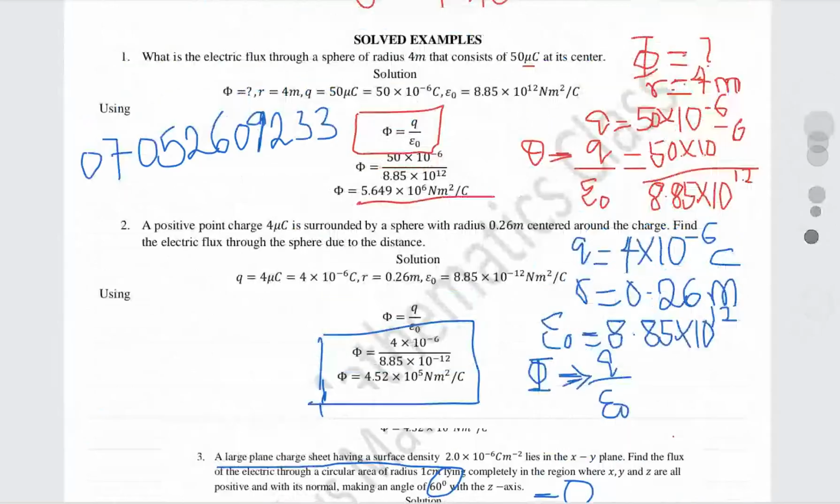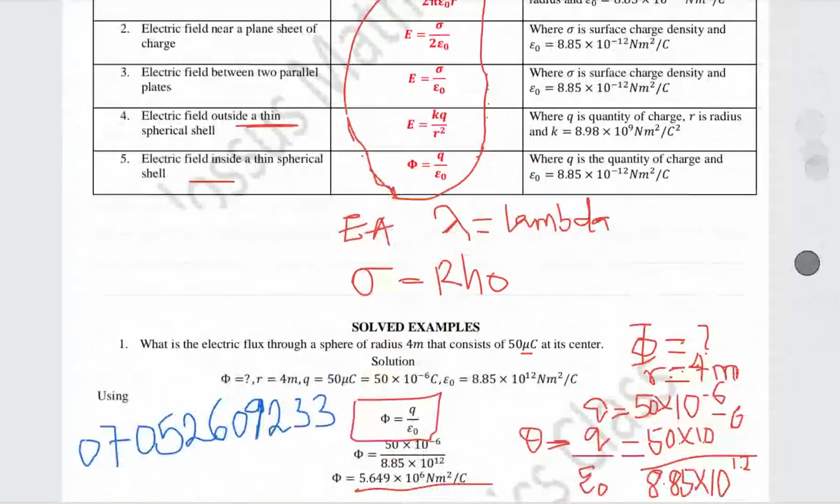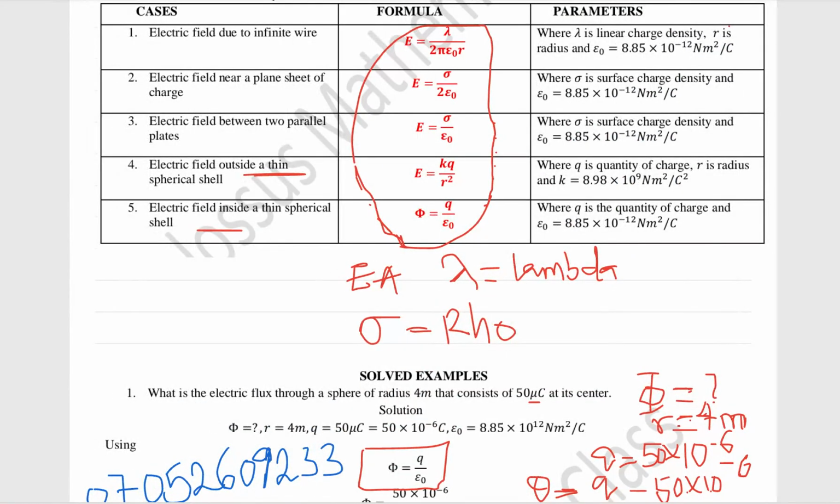But let me show you here again, but you need to see that video. So when we talk about a large plane sheet, look at the formula. Are you seeing the formula already for a large plane sheet? This is the formula I'm going to use.